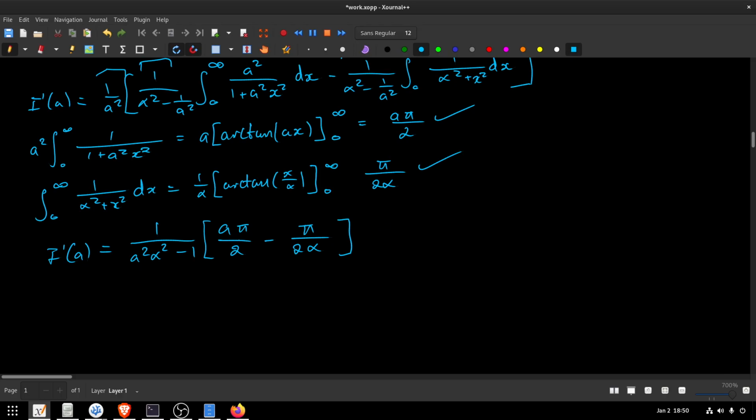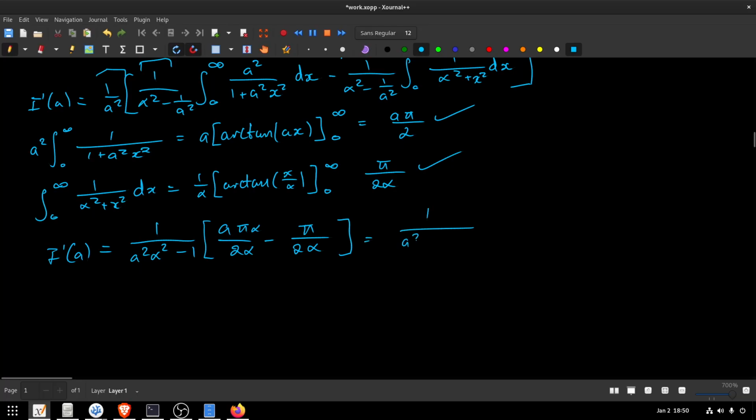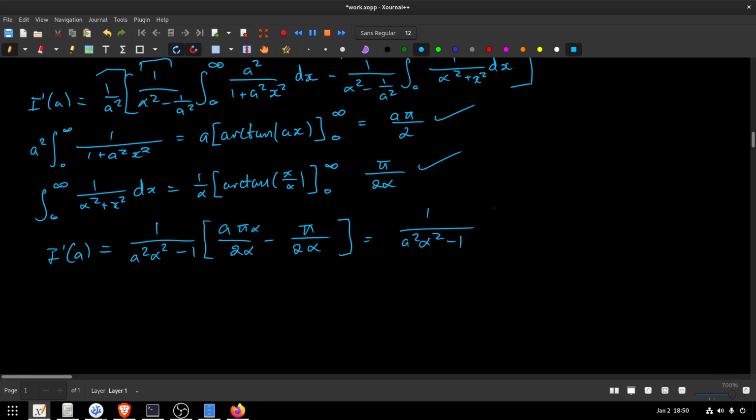Now we can go ahead and combine these if we multiply top and bottom by alpha. So that's going to be 1 over a squared alpha squared minus 1, and inside here we're going to have pi times (a alpha minus 1), all over 2 alpha.